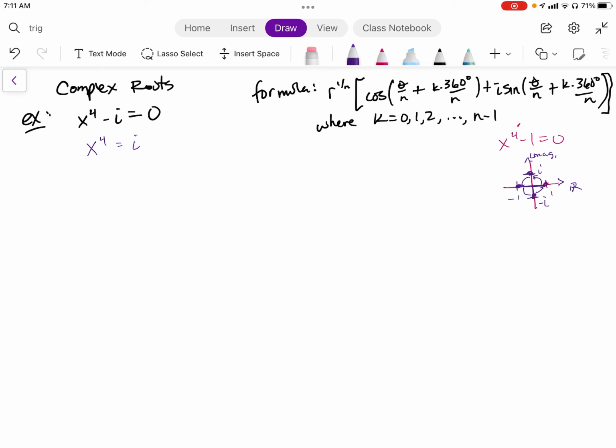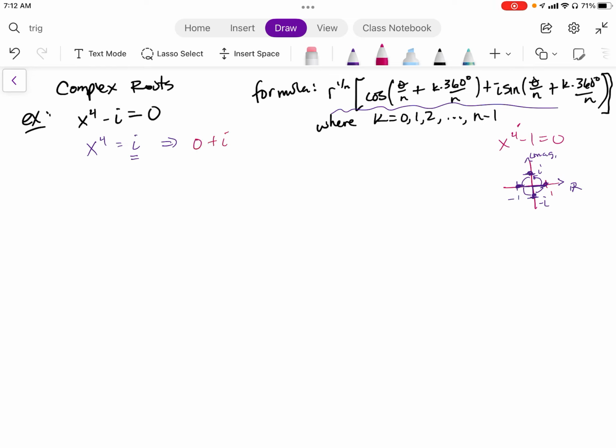So therefore, I'm going to have to rely on this formula. Notice the formula, we need theta and r. All I have is i. So in complex form, i is equivalent to just saying 0 plus i.